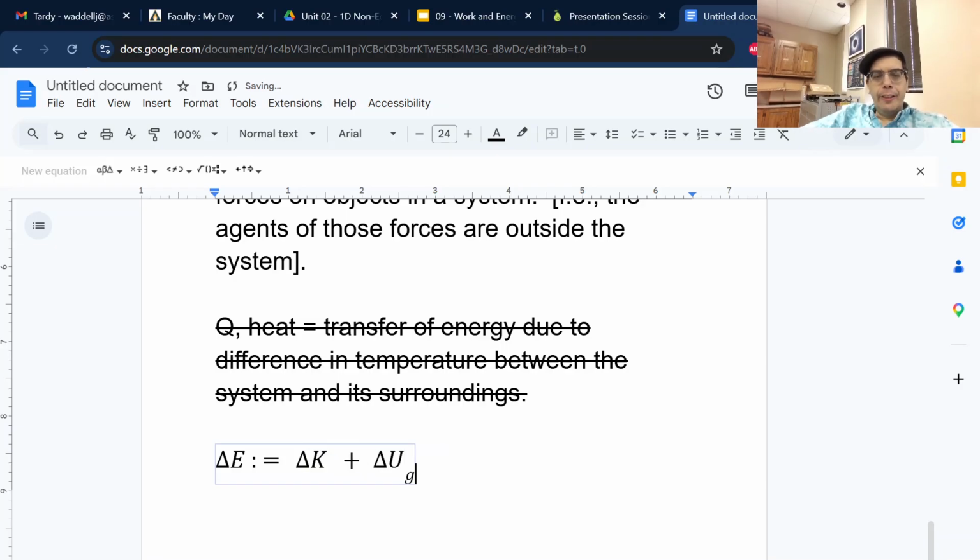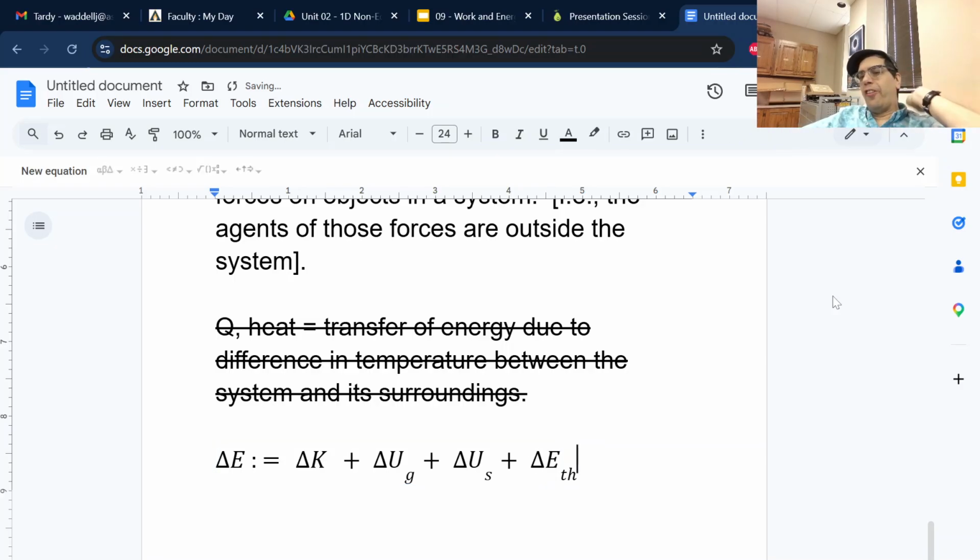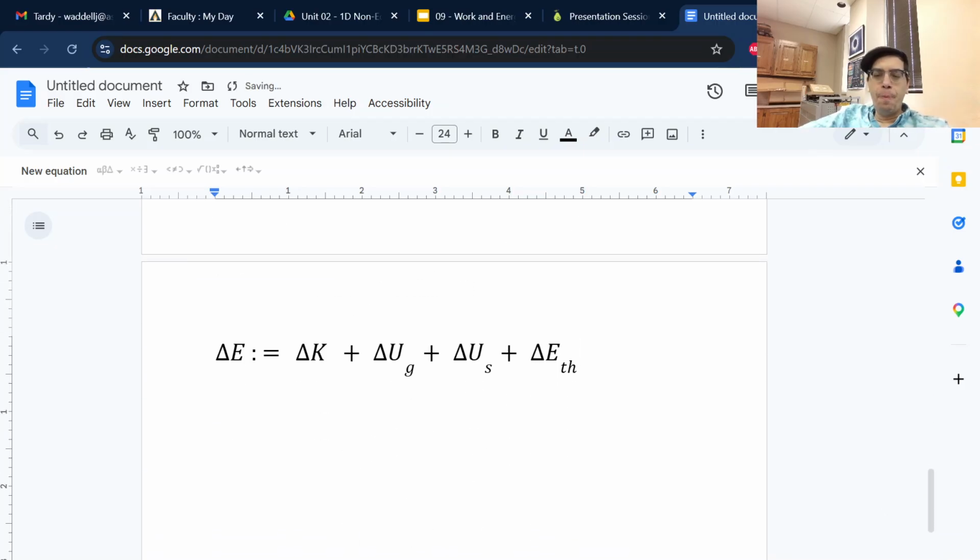This is change in gravitational potential energy. This is change in spring potential energy. This is change in thermal energy. And I'm actually going to stop there because, like I said, we're not going to actually solve problems with changes in chemical energy. And then the change in energy is equal to work plus heat.